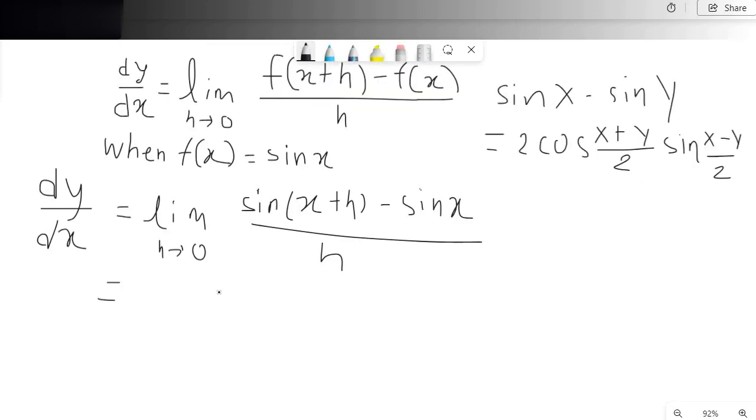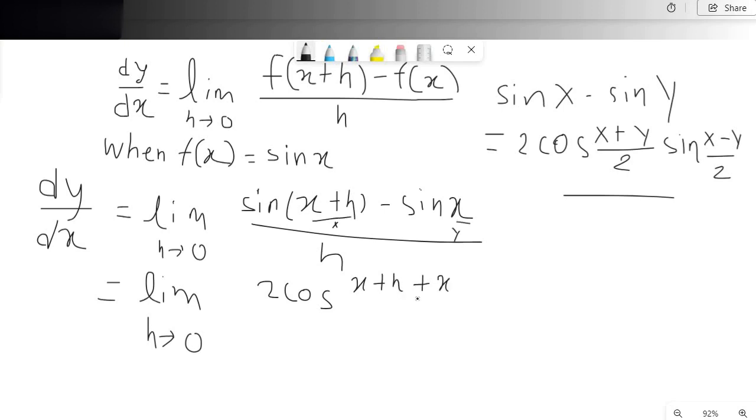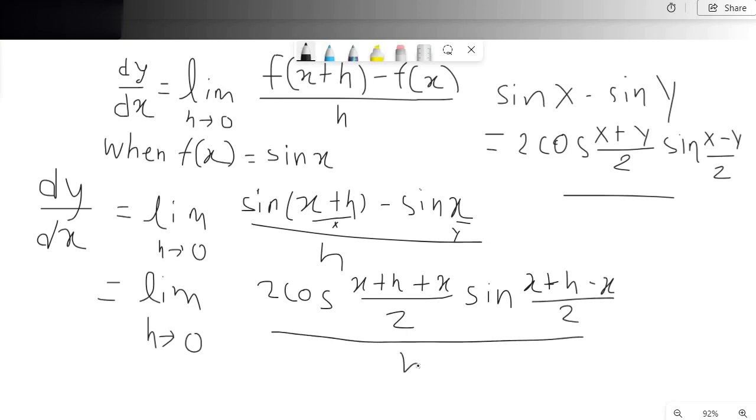So continuing with our calculations, we have the limit as h tends to 0, and using this formula we have 2 cos((x + h + x)/2), multiplied by sin((x + h − x)/2), and then whole divided by h.